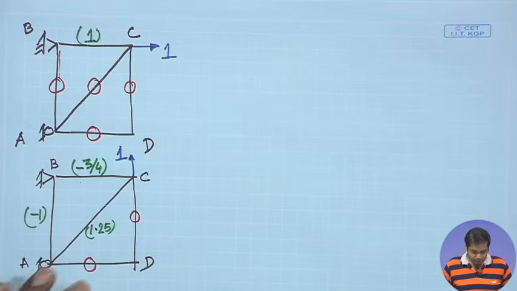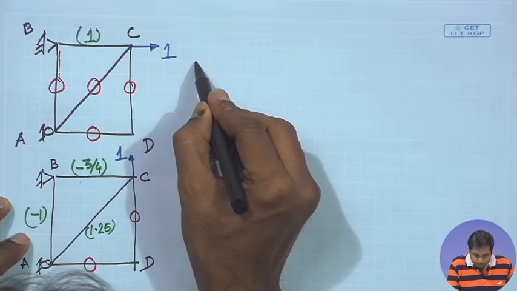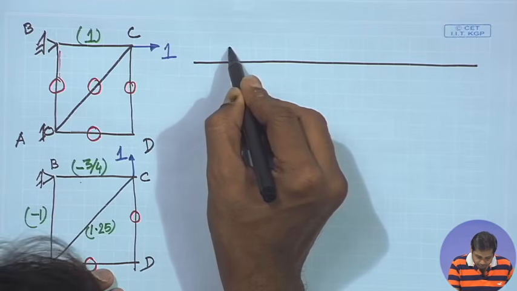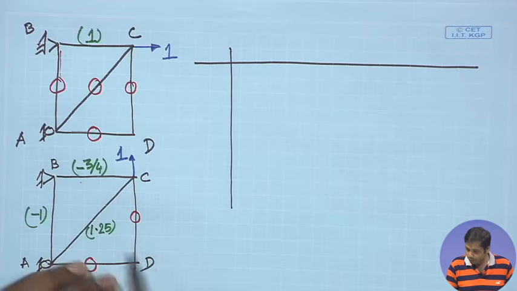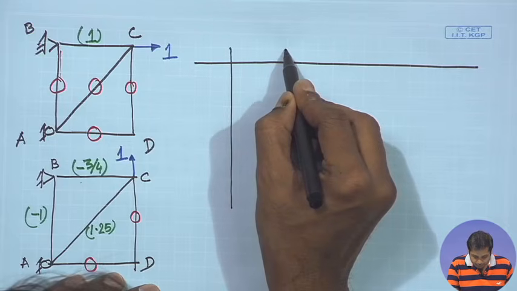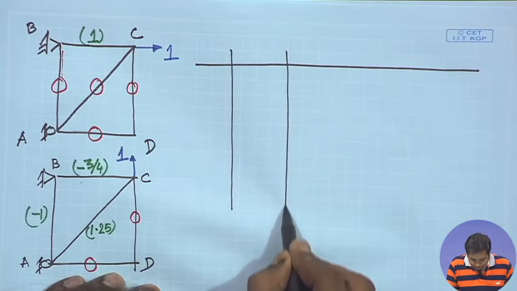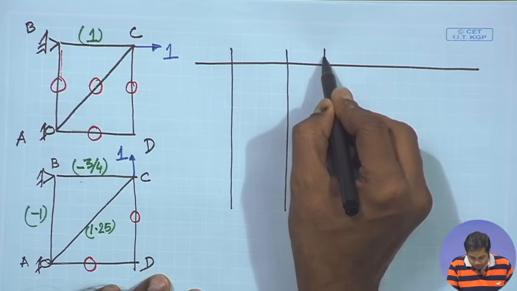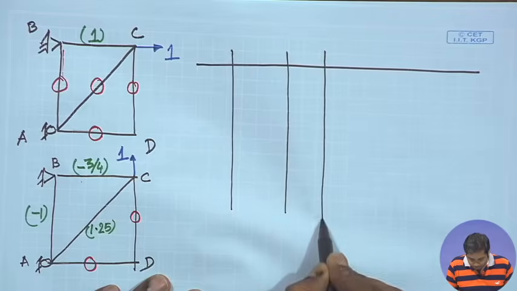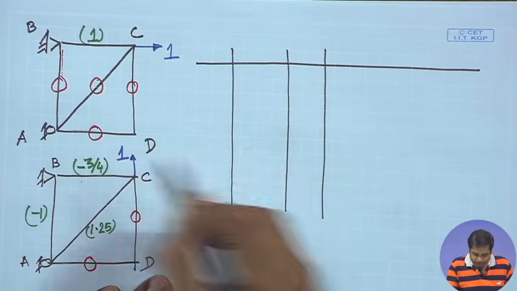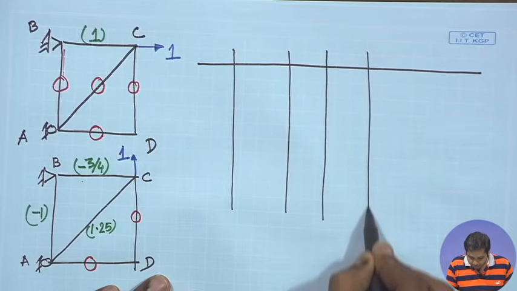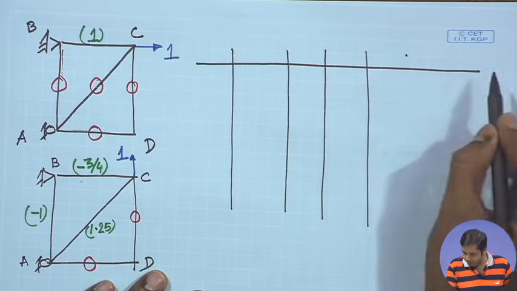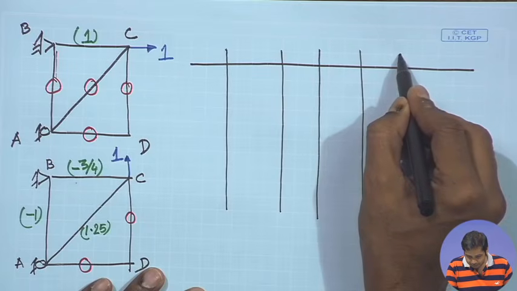Now, let us write everything in a tabular form. Take a column for member, then a column for the forces in the members due to the externally applied load, then another column for the unit load forces, and then we need a column for length.